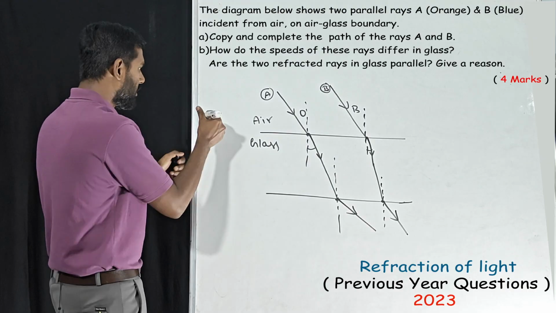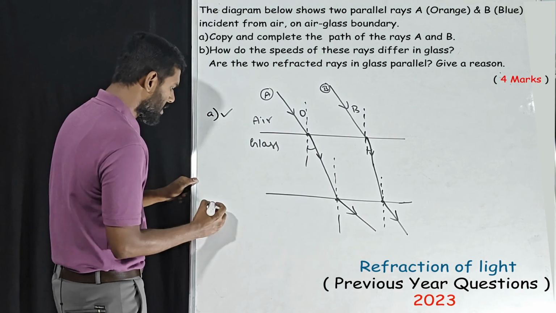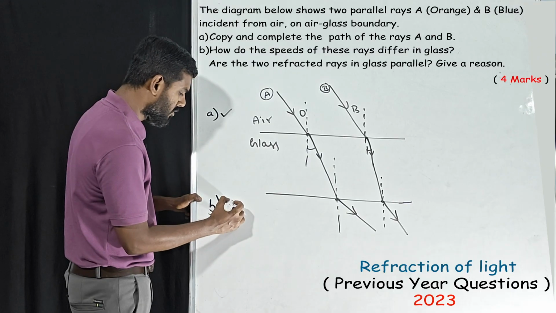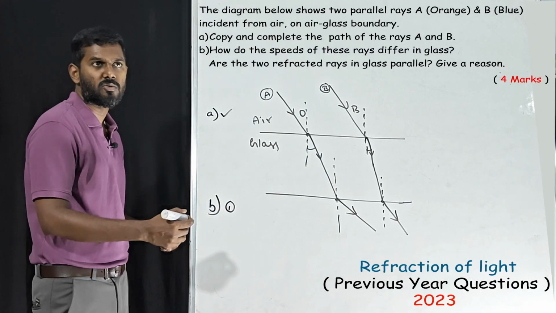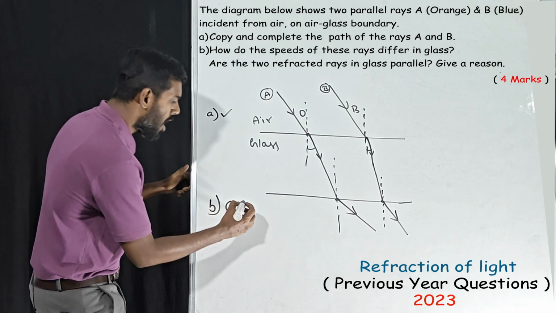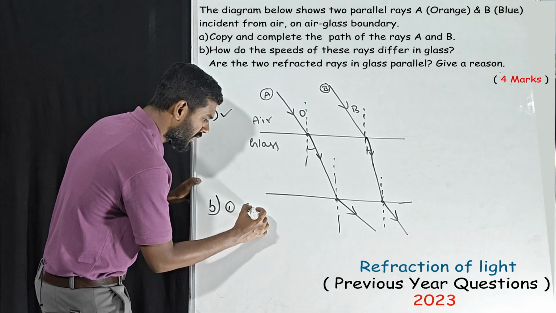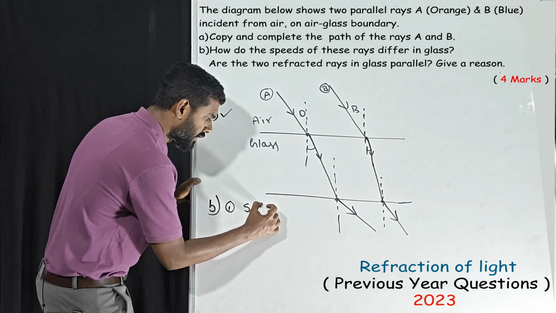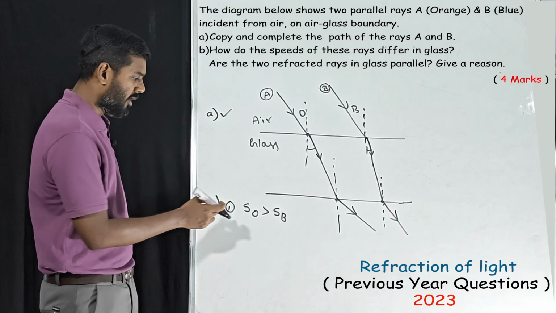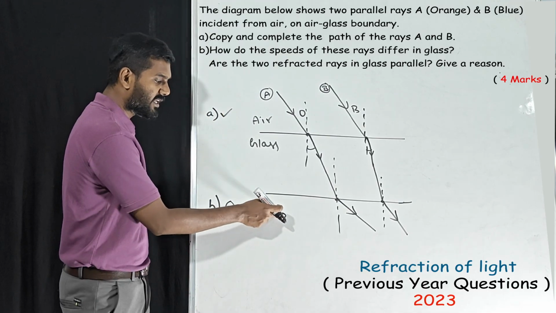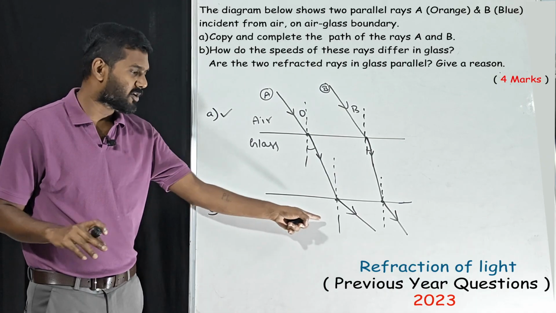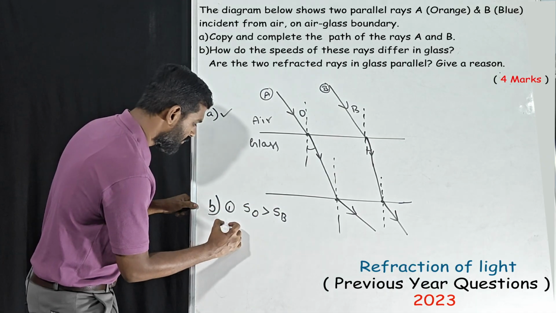Speed of orange is greater than speed of blue. This one you have to write in full form. Speed of orange is greater than speed of blue. If you write like this, you are not going to get marks. Here I don't have space, that's why I am writing like this.